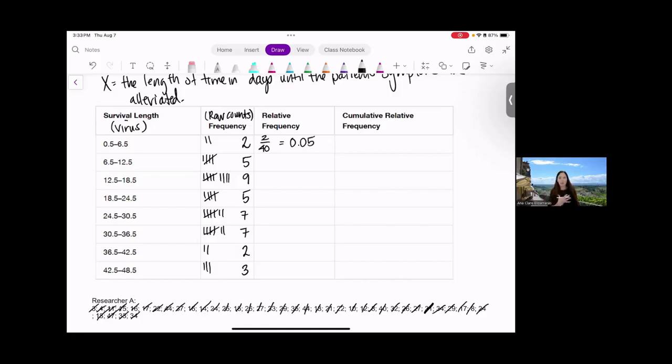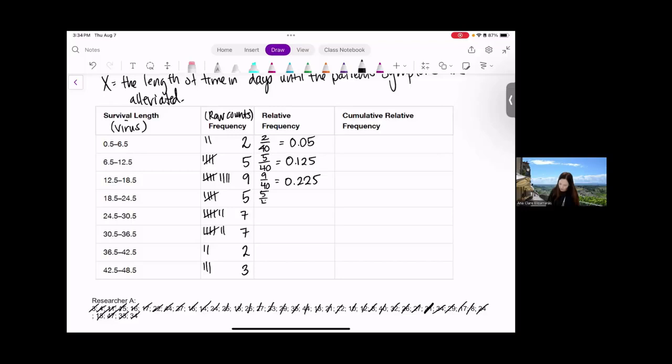2 over 40 is one way to write the proportion, the relative frequency. I can also write it as 0.05 or 5/100ths. 5 over 40 is 125 thousandths or 0.125. 9 over 40 is 225 thousandths or 0.225.